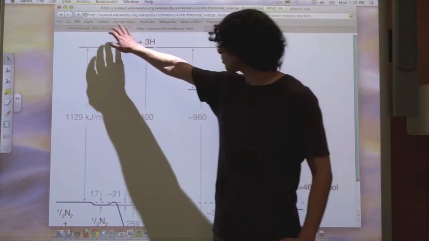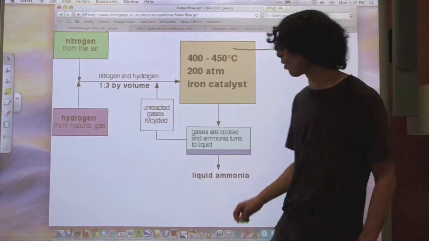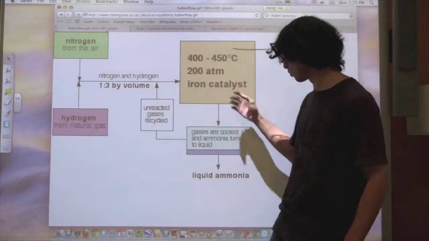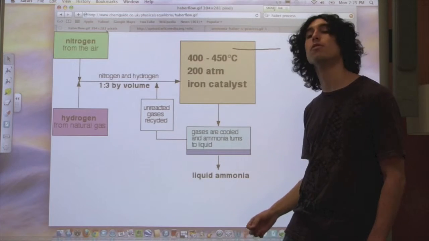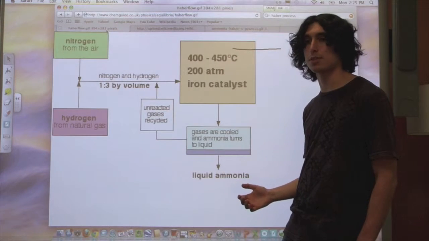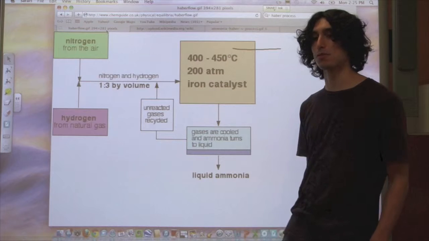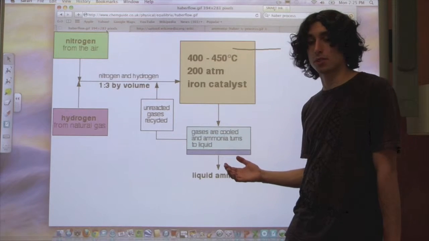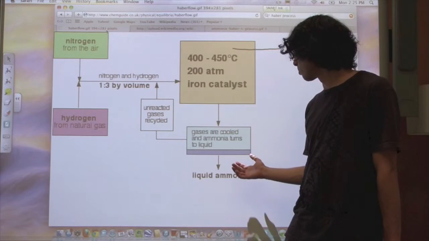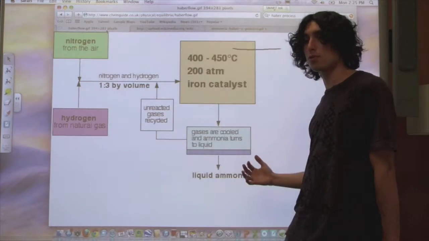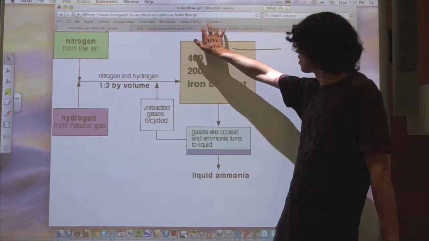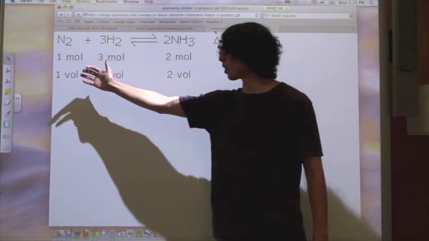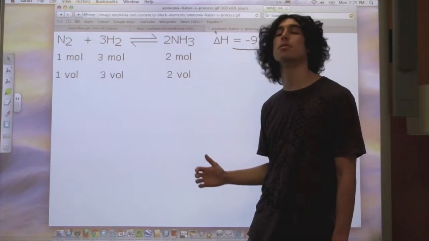Finally, you're asked why this reactor effluent is recycled and liquid ammonia is removed. Of course, the most obvious answer is you need to get your product out, you need to remove ammonia. But considering Le Chatelier's principle and the equilibrium behind it, as you remove ammonia, you're removing this product, which is going to drive the equilibrium back towards that product to make more.